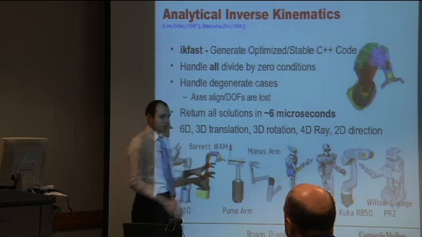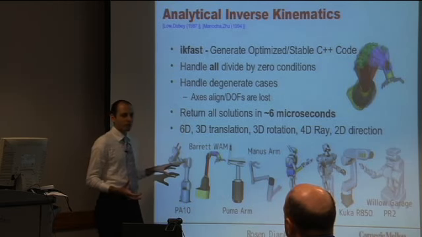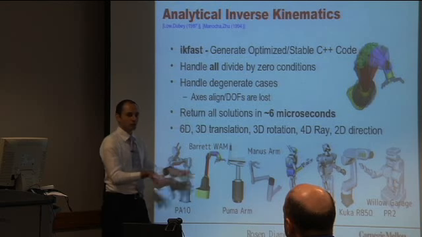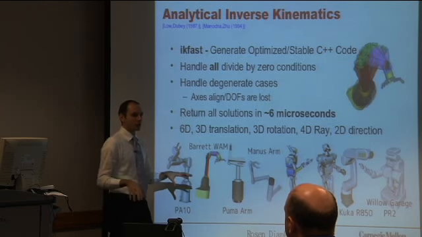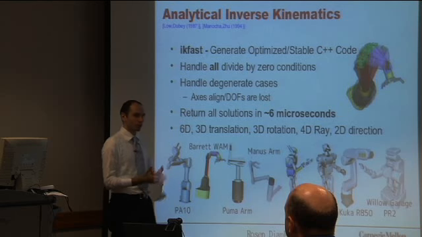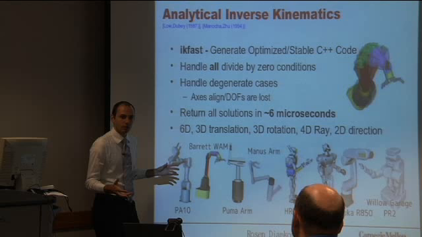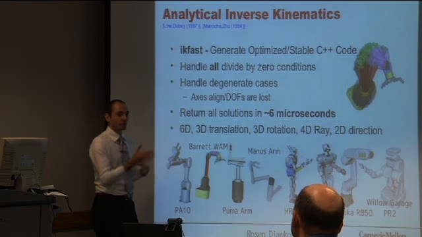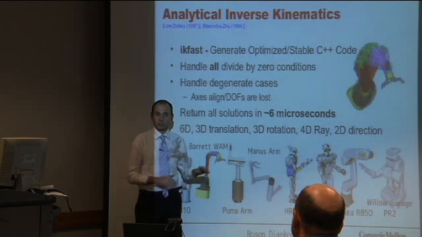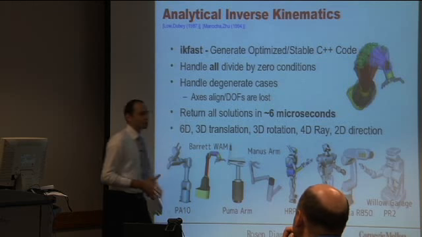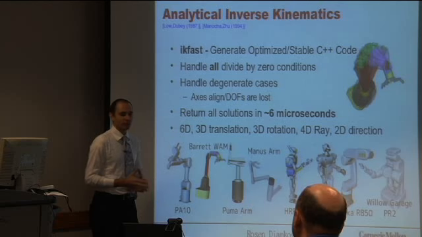The difference with this method is we take an algorithmic approach, where we search in the space of all possible ways you can set up the equations. Within that space, you can find the shortest, the most stably computable one, the one that has the fewest divisions, and prioritize which joint solutions get solved first, depending on stability. So I would say it's more of an algorithmic contribution rather than a theoretical contribution.